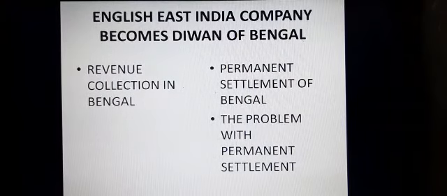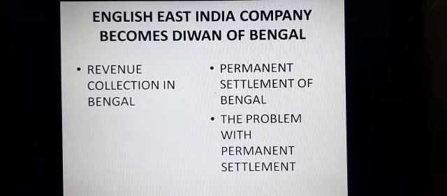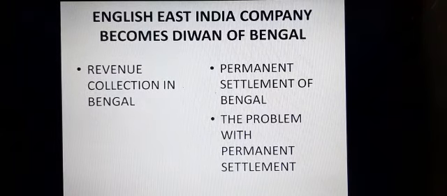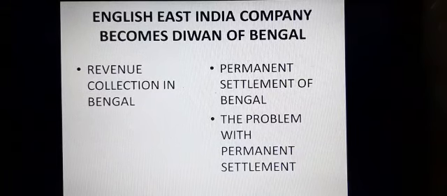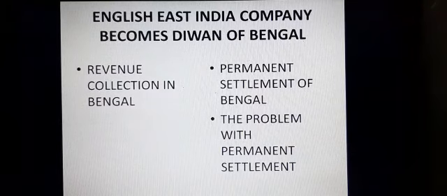So the company introduced the new system of revenue that was known as the Permanent Settlement of Bengal. It was started in 1793 by Governor General Lord Cornwallis. Students, the Permanent Settlement of Bengal had two main features.